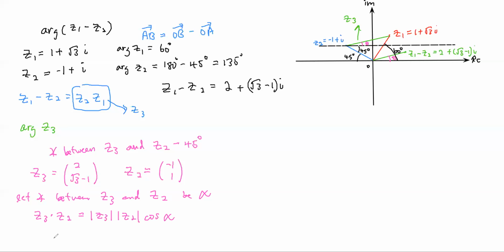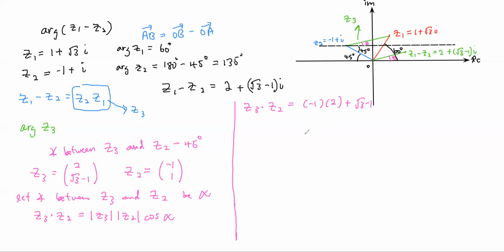Let's do the calculations. Do a side working here. Z3 dot Z2 is basically equal to -1 times 2 plus square root 3 minus 1.